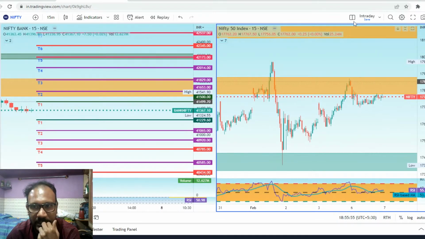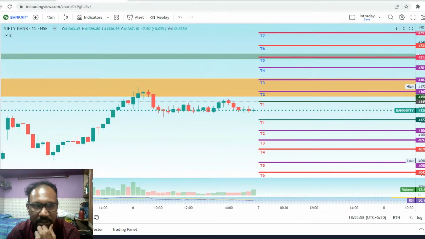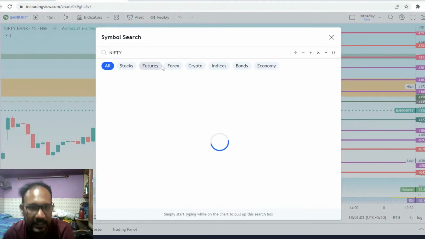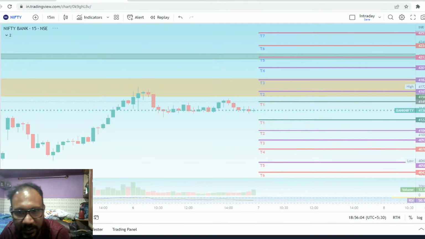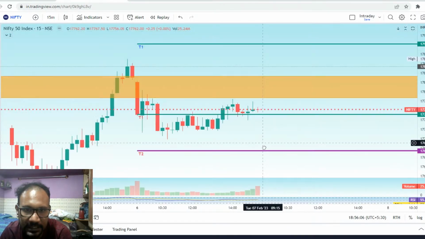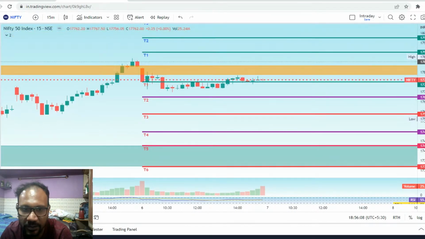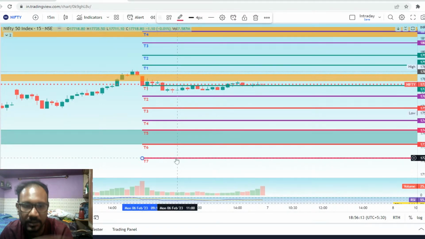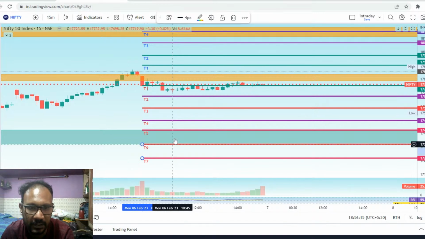Then I wanted it in single window first, then change this to Nifty so that it's easy to manage. Yeah, these are the levels they have drawn. And I'm just going to select all and delete. So we are going to select those levels and delete it.